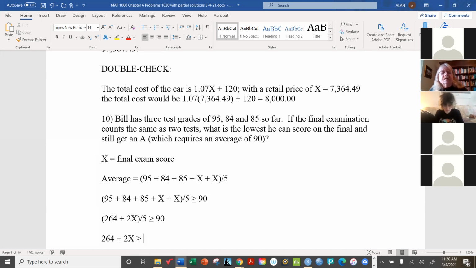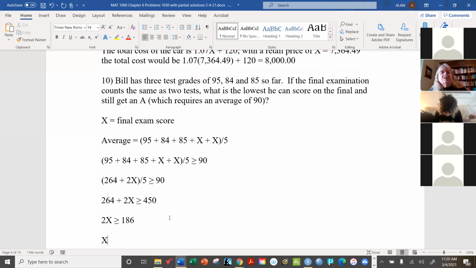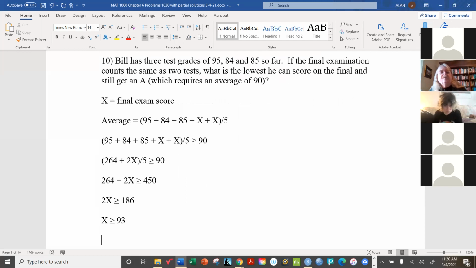And now the inequality is that this must be greater than or equal to 450. I subtract 264 from both sides. And by doing that, I get 186. Now, of course, I divide both sides by 2. And there you go. Bill must get at least a 93 on his final exam to earn an A for the course.